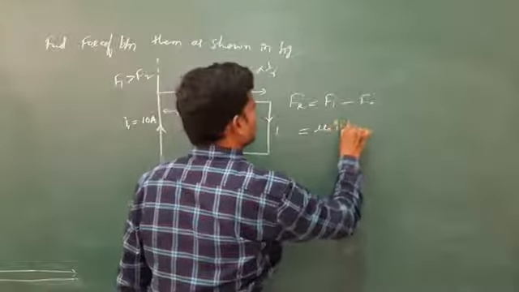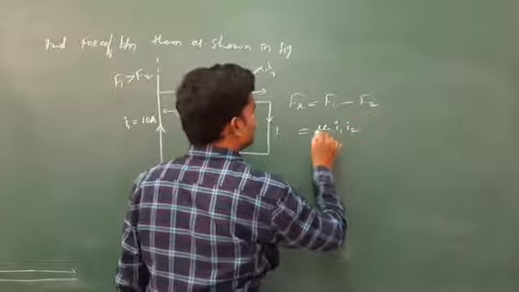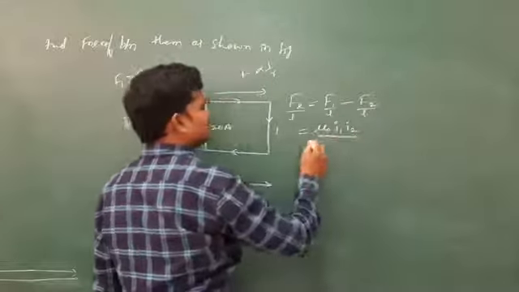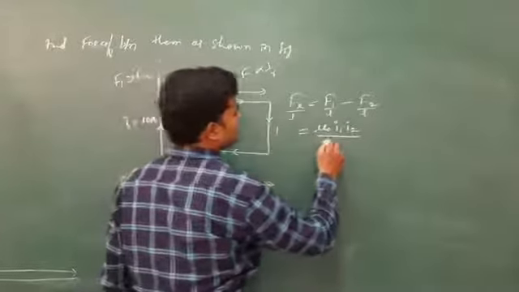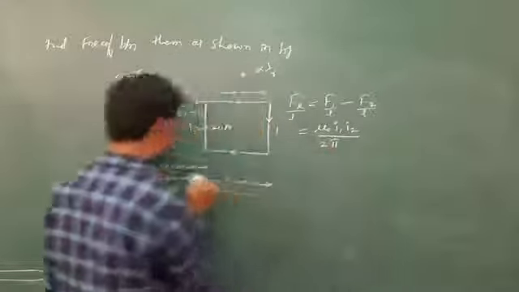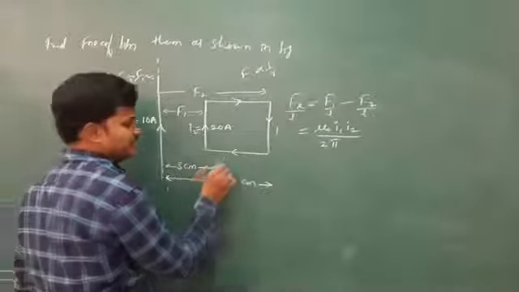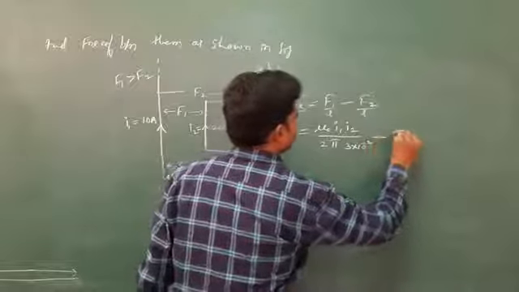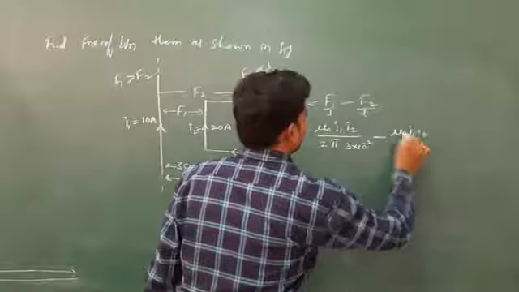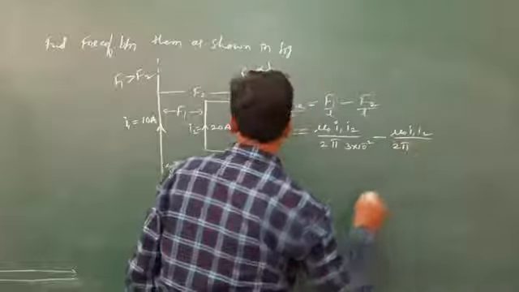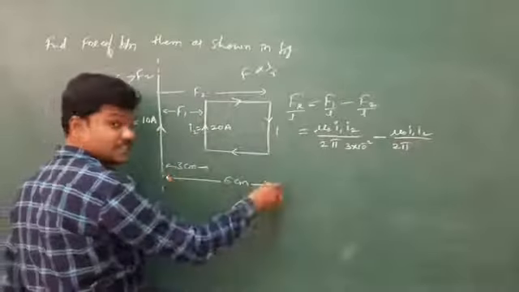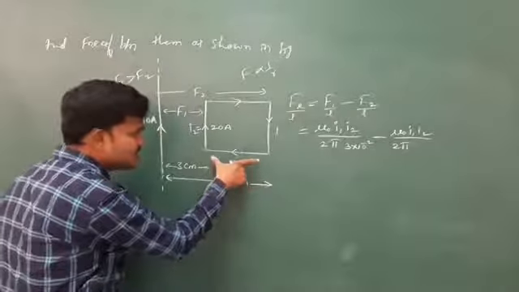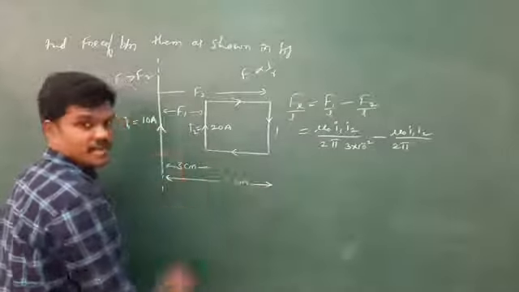Let us write force per length, only for this length I am finding. Mu naught I1 I2 by 2 pi r, r is nothing but the first one, 3 centimeter, 3 into 10 raised to minus 2, minus mu naught I1 I2, I will substitute I1 I2 later, by 2 pi R2. R2 means from here to here, 6. Sometimes they may give this as 4, only this side is 4. 4 plus 3, 7, you write.